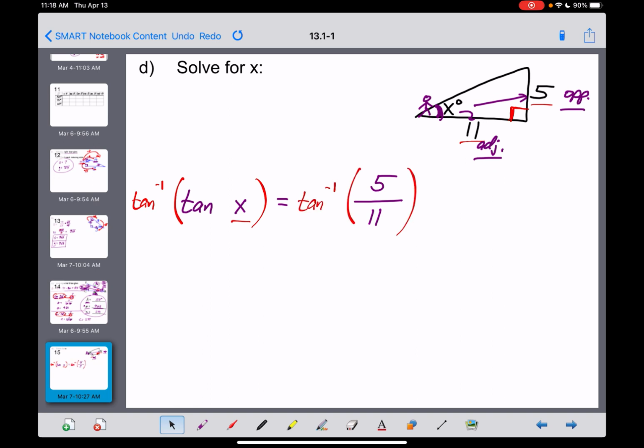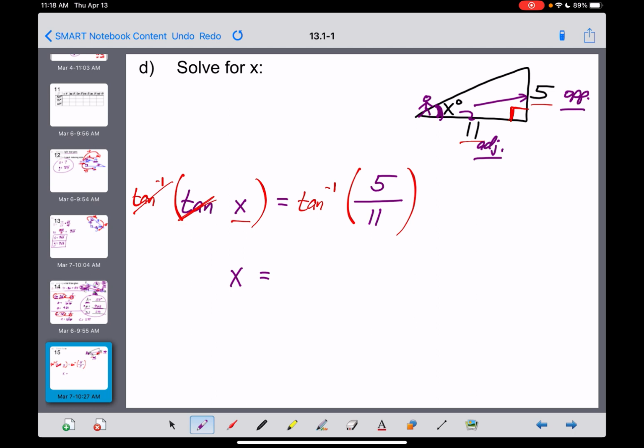Now, as you might have guessed already, the inverse tangent and the tangent on the left side cancel each other out, and we just get x. Now on the right side, we want to know what's the inverse tangent of 5/11ths. What we're really going to ask our calculator is what angle out there has a tangent ratio of 5 over 11. So you guys are going to hit second on your calculator and then the tangent button.